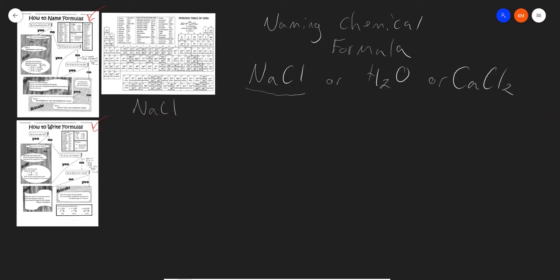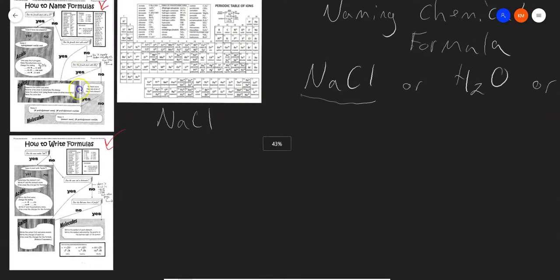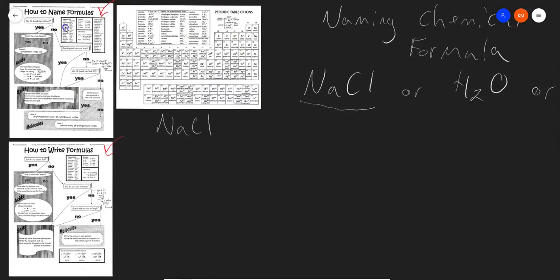You have to determine whether it is ionic or covalent, a hydrocarbon, or an acid, and then depending on that, it has a different name. We're just going to work on naming them using these flow charts. You don't have to memorize all the rules, but you need to understand what's going on. We'll use the naming flow chart first, and then work on the writing one in another video.